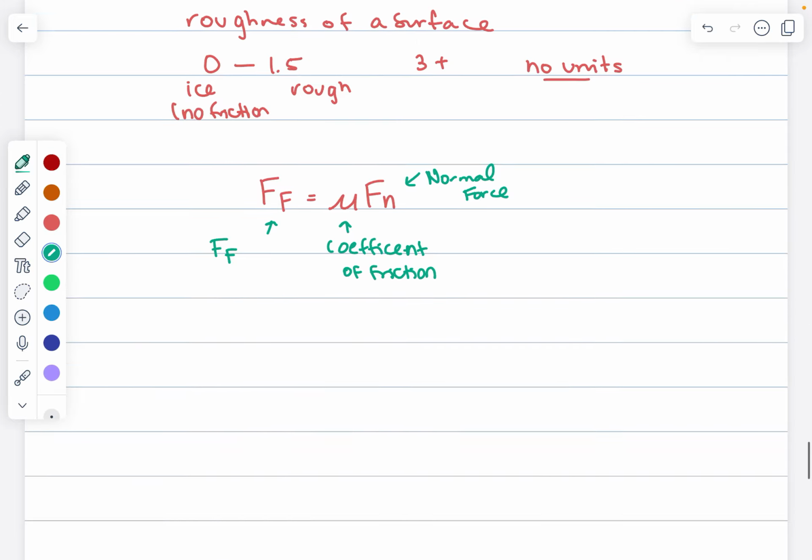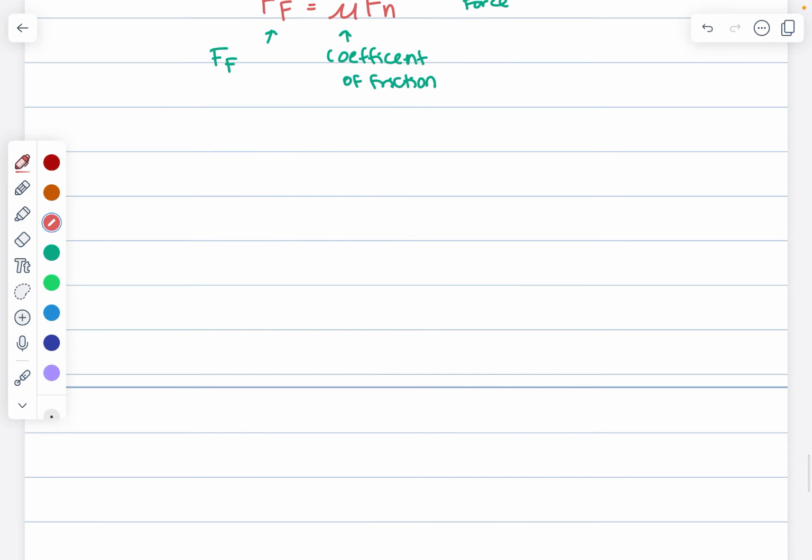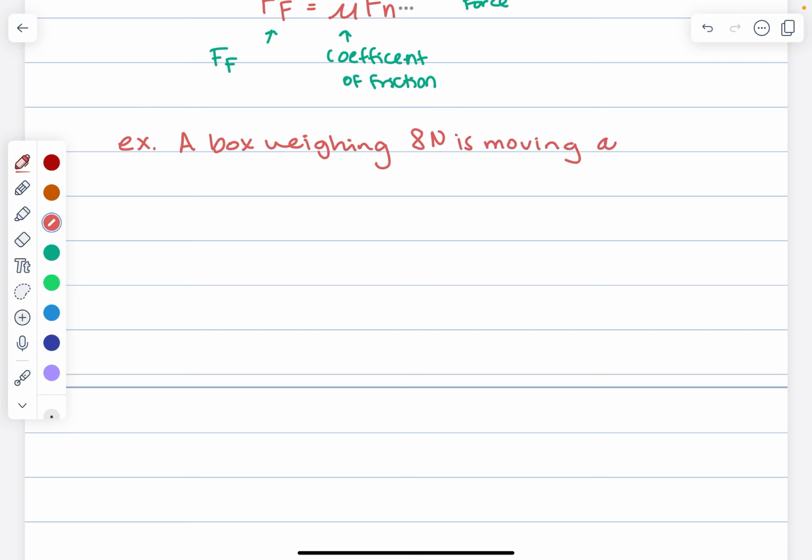For example, if I was told a box weighing 8 newtons is moving along a surface with a coefficient of, in this case, it's moving, so what kind of friction would it be?